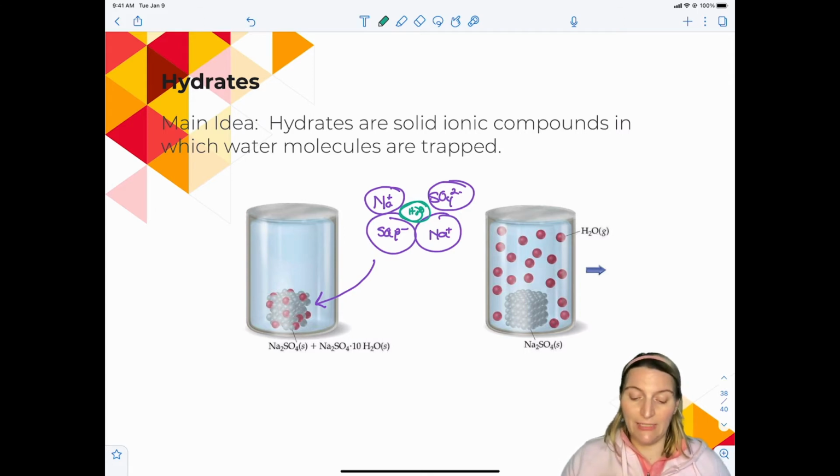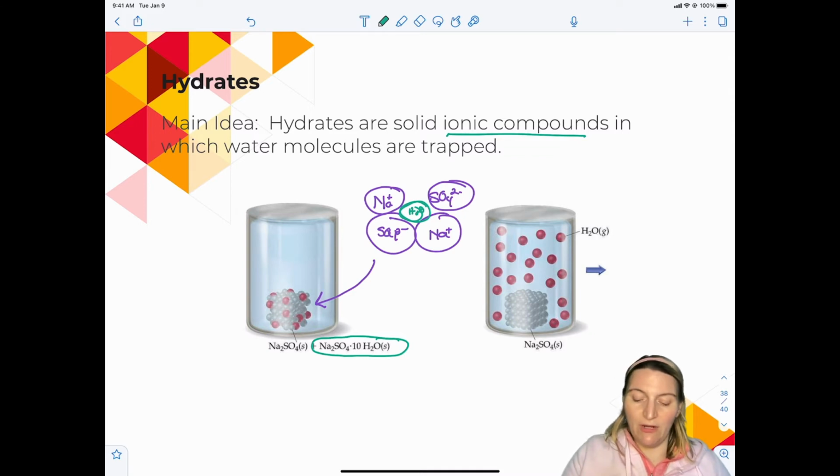And how we define it is how many per formula unit of the ionic compound. So first of all, these are only ionic compounds. These are when you have water molecules trapped inside ionic compounds. And as you can imagine, here I have the hydrate, sodium sulfate, with 10 water molecules in between the ions, and I have 10 of them for every 1 formula unit of sodium sulfate.